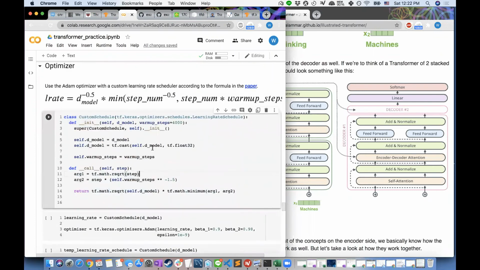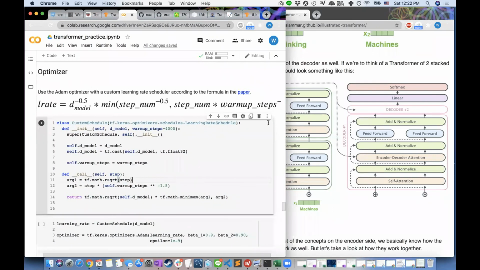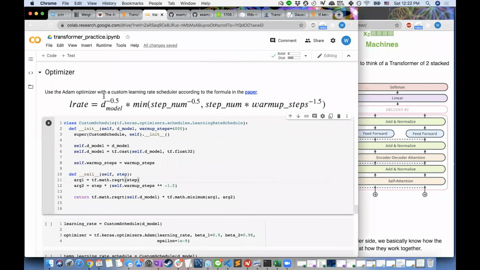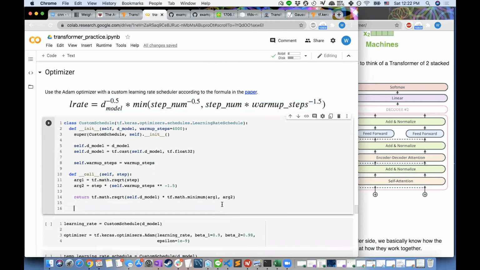Wencheng, what's a warm-up step? I haven't come across that before. It's right here. The way you calculate your learning rate is D model times the minimum of step number to the power of negative 0.5 and step number times warm-up steps to the power of negative 1.5. It's just another parameter that you can tune.